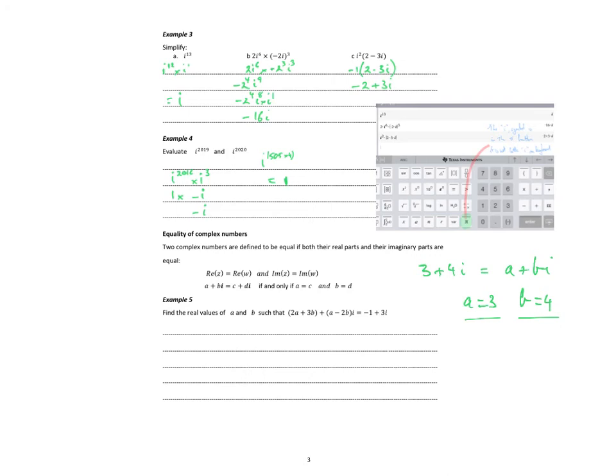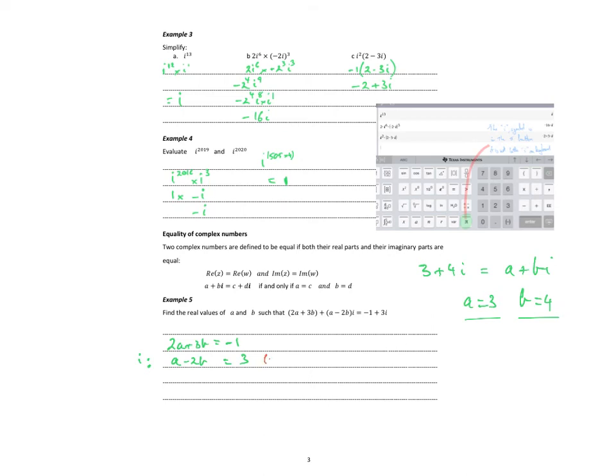All right. So in this kind of scenario here, we wanted to equate. For the left-hand side to equal the right-hand side, we knew 2a plus 3b has to be equal to the other real component, which is negative 1, and a minus 2b, which is the imaginary component, has to be equal to the imaginary component on the left, which is 3. So what are we going to do there?